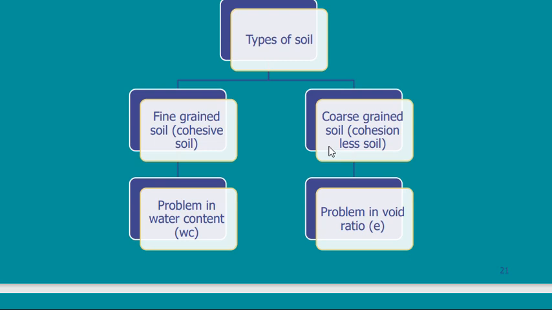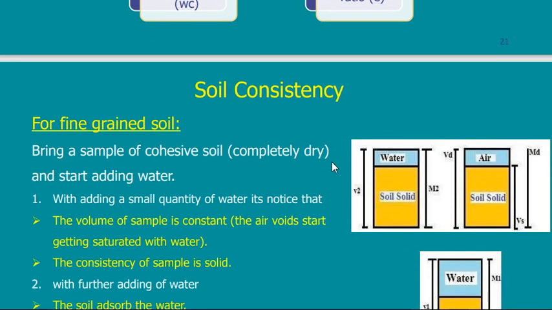If you have sand and you put some water, or you don't put water, it's the same. But the problem is always in compaction. So in sand, you want to focus on void ratio. In clay, you always focus on water content. These are the more important things.